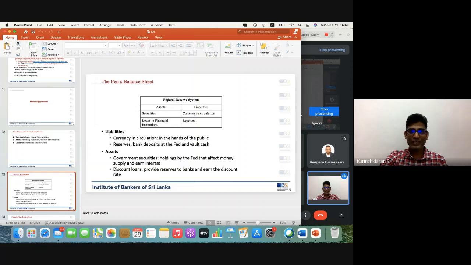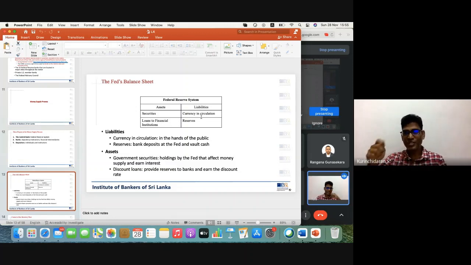In the central bank balance sheet, you have assets and liabilities. On the liabilities side, one major item is currency in circulation.